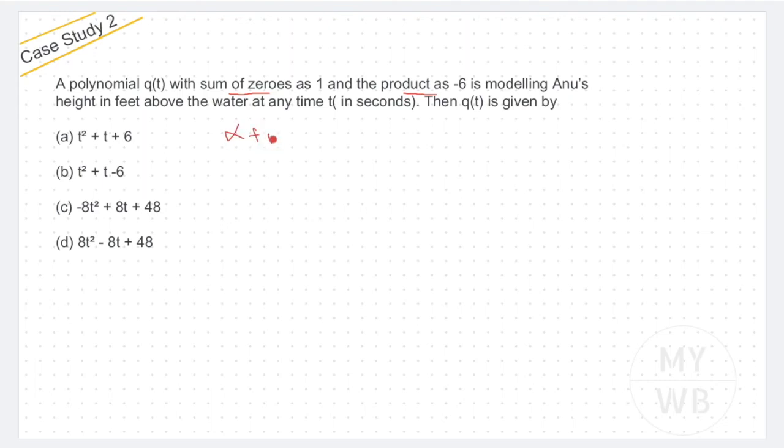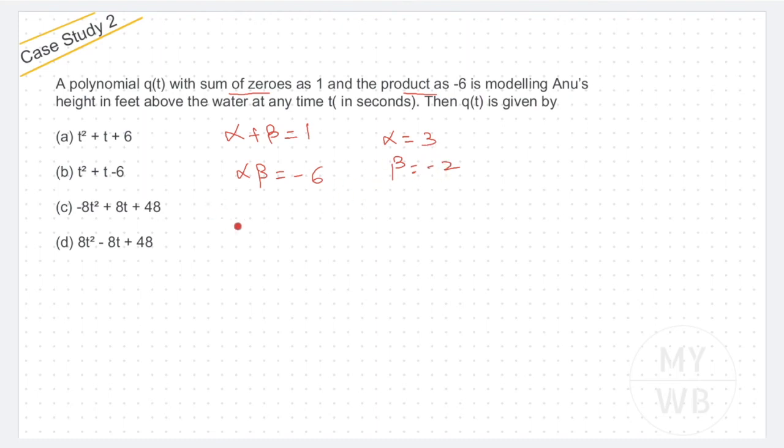So alpha plus beta is given as 1 and alpha into beta is given as minus 6. By looking at this, we can say that alpha will be plus 3 and beta will be minus 2. So sum will be 1, 3 minus 2 and product will be 3 into minus 2, which is minus 6.